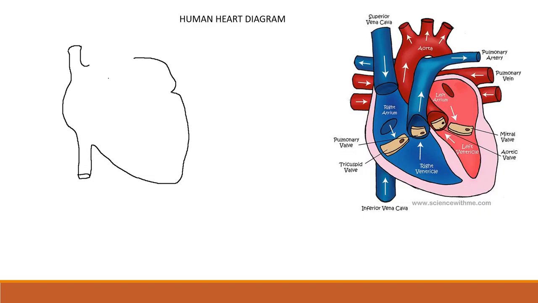Now you have to make an aorta, right? Over here, the three branches of aorta you have to show. Clear? Three branches of aorta have been shown here, and then just make a curve like this.